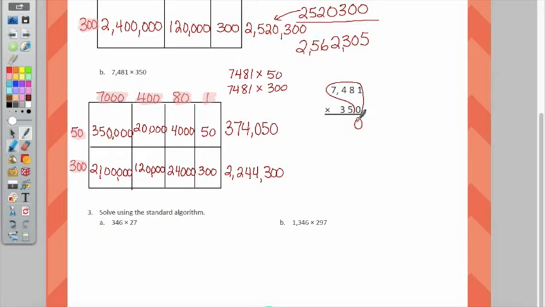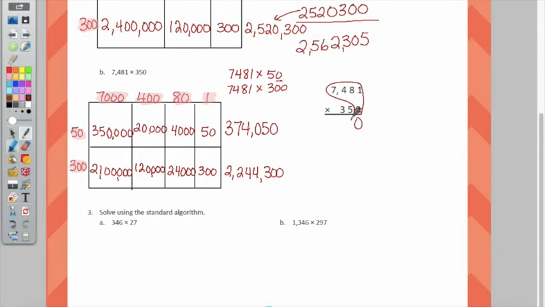I will not write 4 zeros going across. That's a waste of time. I'm going to add 1 zero and I'm going to cross off the column or put the column on. That comes from this number 50. So I'm multiplying it times 50 to start with.